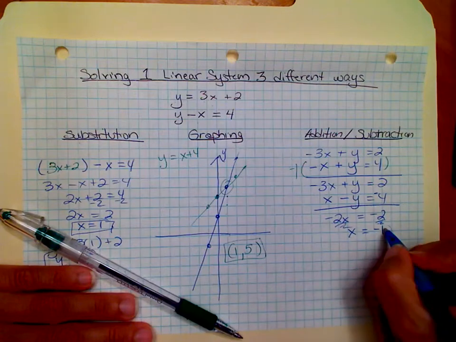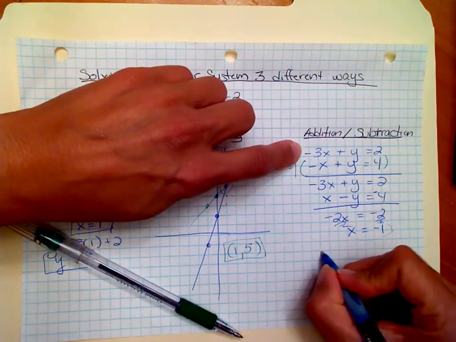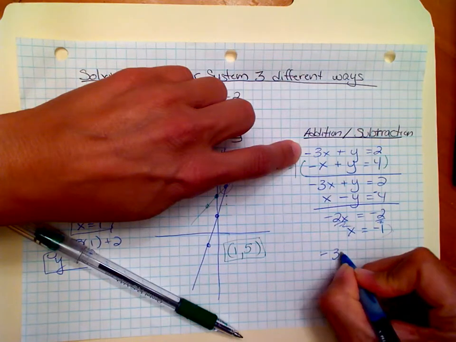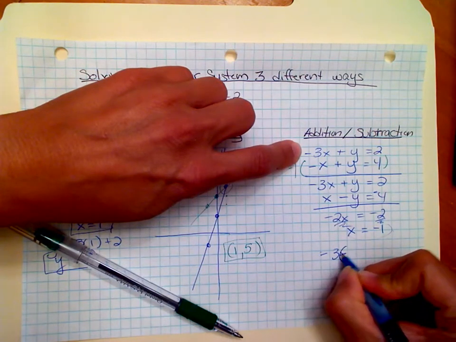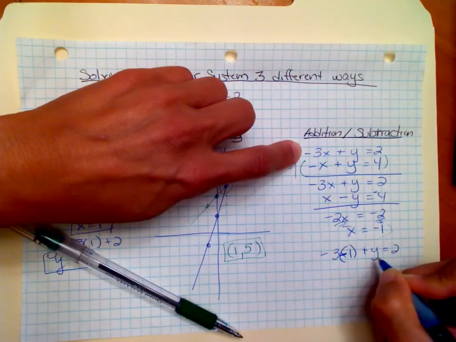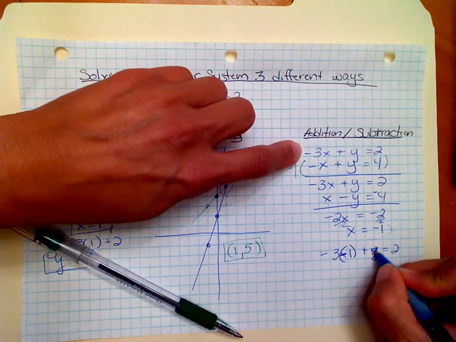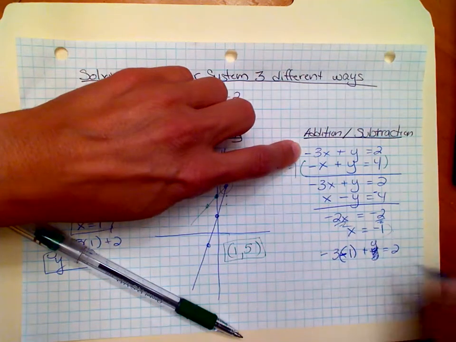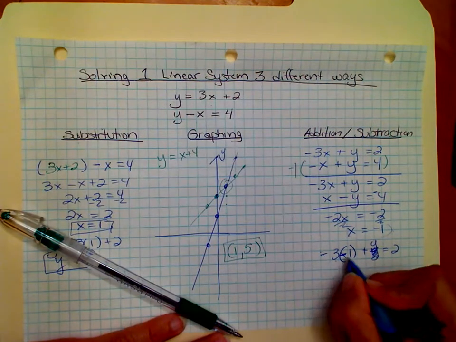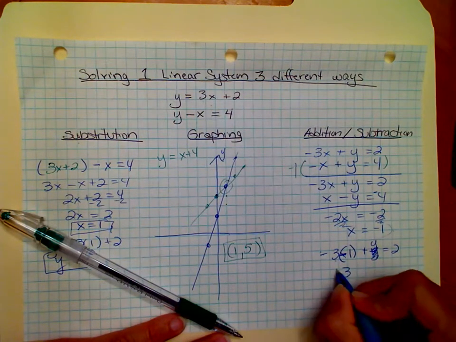And then I plug that 1 back into the original equation, so I get negative 3x, except instead of x, I'm going to put a 1. Oh, never mind. We're solving for y, aren't we? Sorry about that.